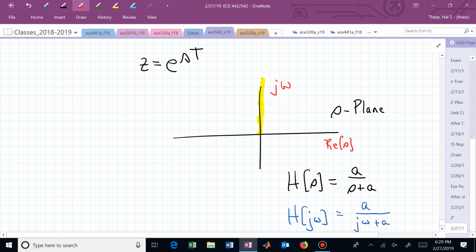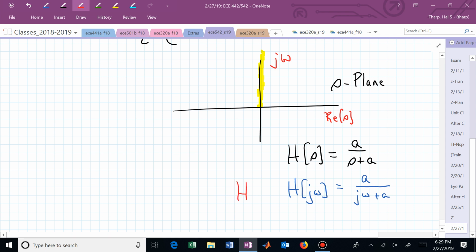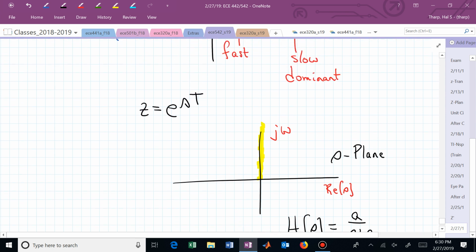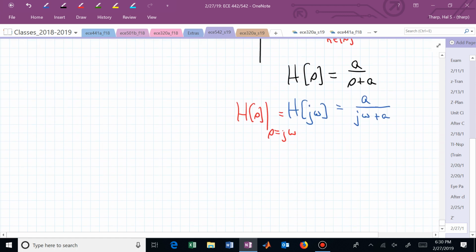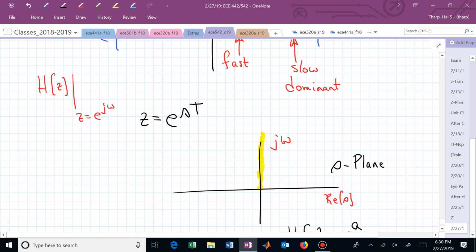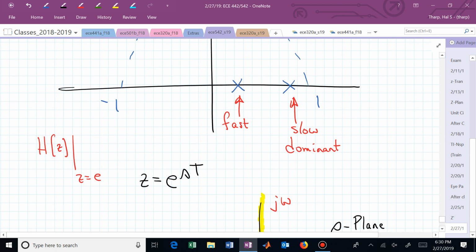If that's now our frequency response, when we say H of s with s equal to j omega, if we now use that in H of z, we're replacing s with j omega, and what was z? It was that.